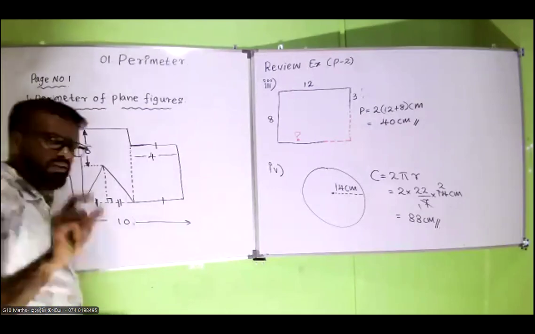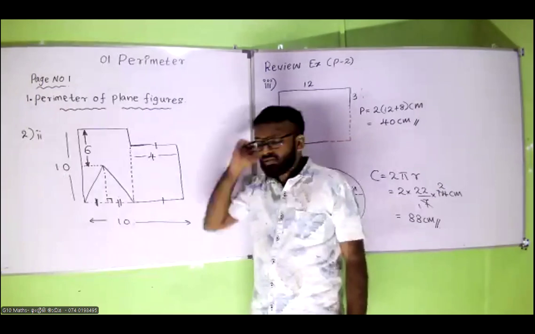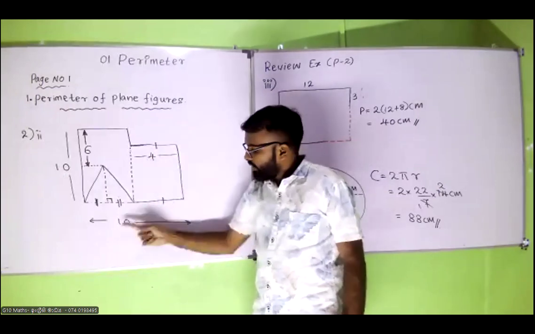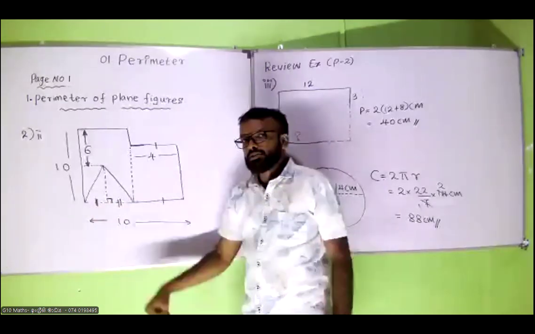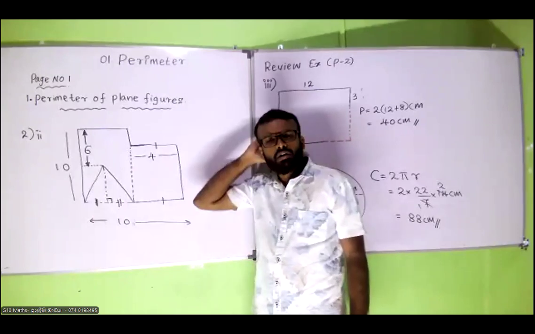Why have we been given 4 centimeters? If this is 4 and this is 4, then 10 minus 4 gives 6. The total base of this triangle is 6.